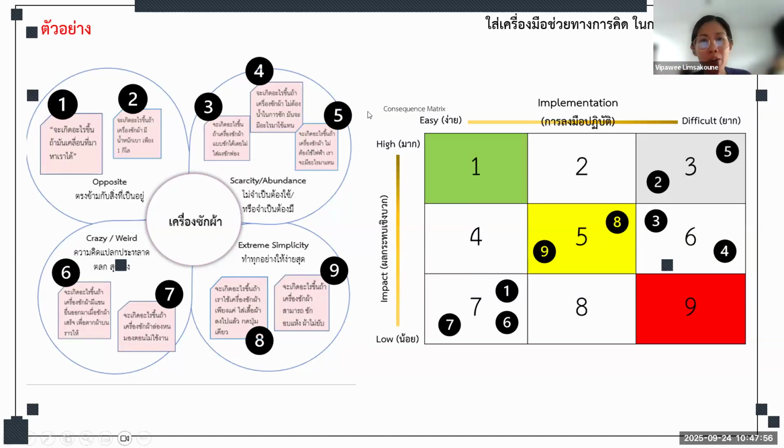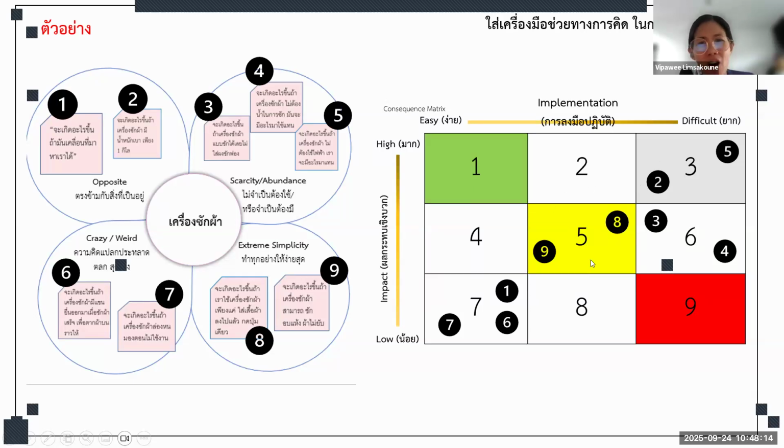Okay, so this is how we use it. After you create ideas, you use tools to help you make a decision. Which idea is going to be your finalized idea? Okay. You could select more than one after you analyze them. It's okay.